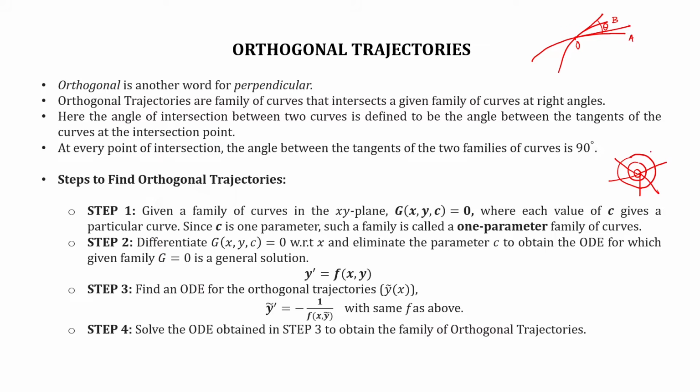For all the circles in the given family, any of the straight lines intersects at 90 degrees, because to the circle the tangent would be like this and the straight line's tangent is the same as the straight line, and the angle of intersection is 90 degrees. And for all the points of intersection of all the lines with all the circles of that family, at any point of intersection the angle is 90 degrees. This is what we mean by orthogonal trajectories.